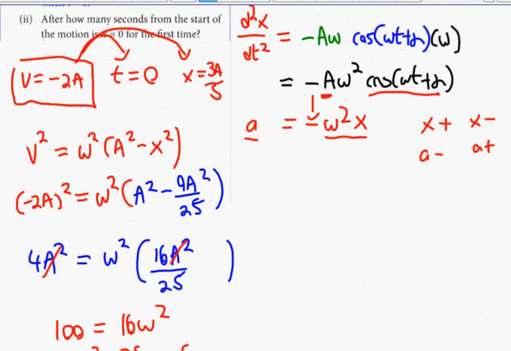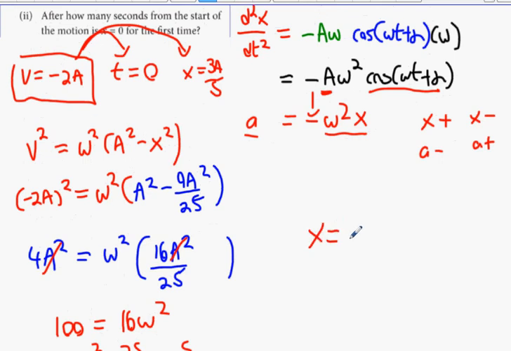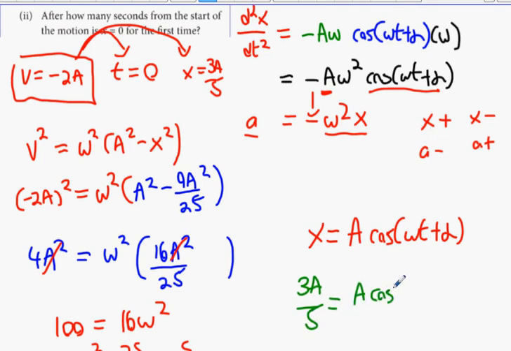We're going to use x, your displacement at any time, equals your amplitude times the cos function of omega t plus alpha. What is the x value at t equals 0? 3a over 5 equals a cos(omega t plus alpha).